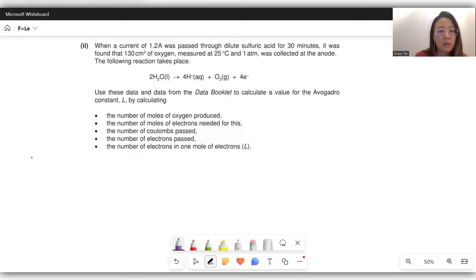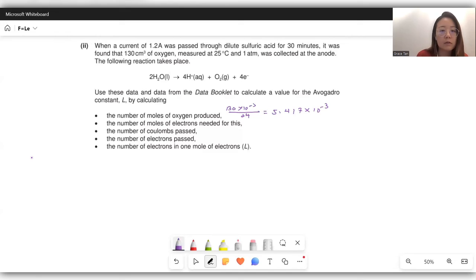Let's take this 130 centimeter cube divided by 1000, so the number of moles of oxygen is 5.417 times 10 to the power of -3.